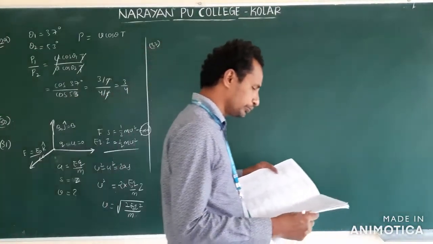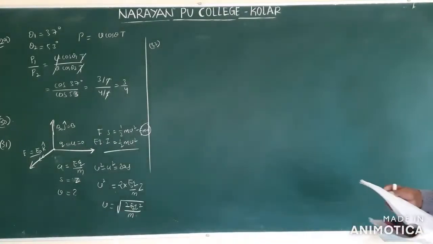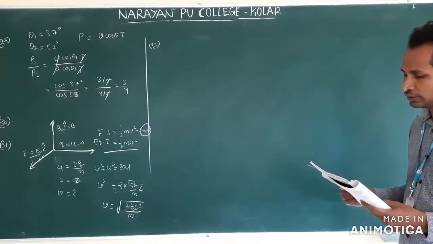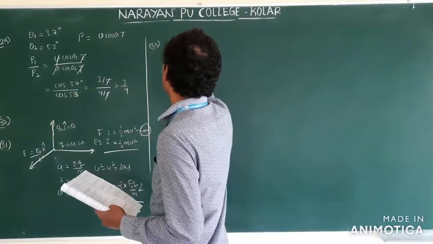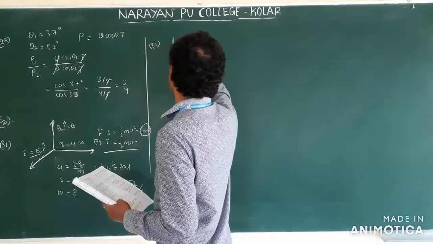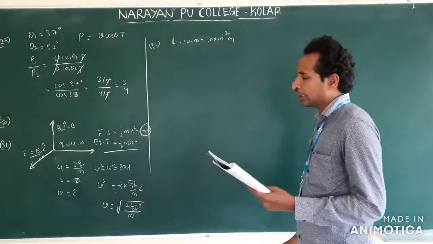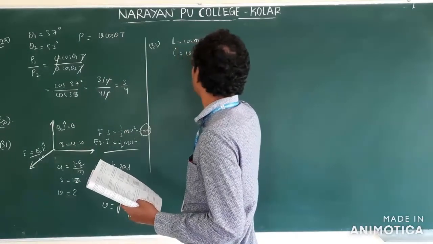Next, 32. A wire of length 10 cm carries a current of 10 ampere and is kept in an external uniform magnetic field of magnitude 2 milliweber. If the wire is inclined at 30 degrees with B, the magnetic force on the wire is. This is a direct question. Length L is equal to 10 cm, so 10 into 10 power minus 2 meter, and current I is equal to 10 ampere.